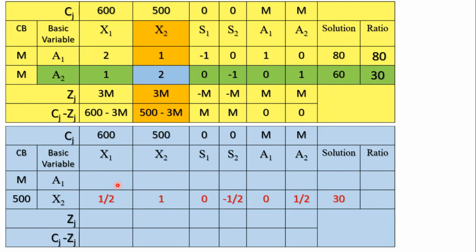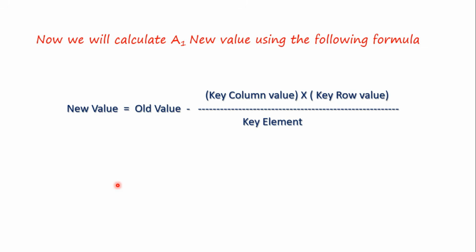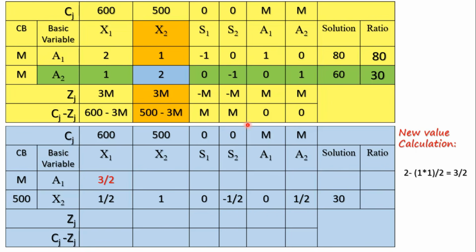For this we are going to use the formula. New value is equal to old value minus key column value into key row value divided by key element. See here, we have a1. We got a new value 3 by 2. How did I get 3 by 2?